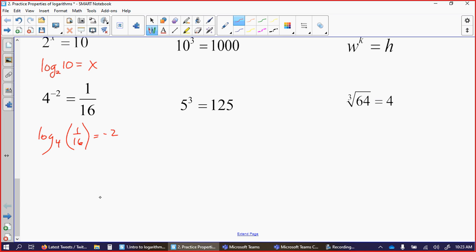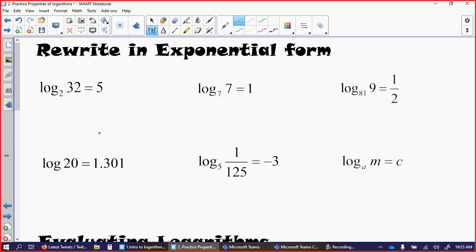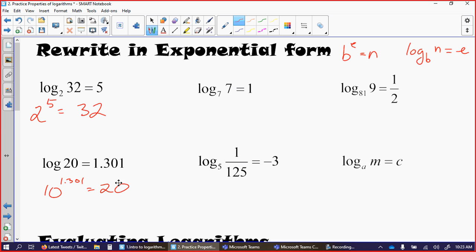As practice, the more of this you do yourself, the better. We have that right as an exponential. We have that relationship. 2 to the 5th equals 32. 10 to the power of 1.301 equals 20.